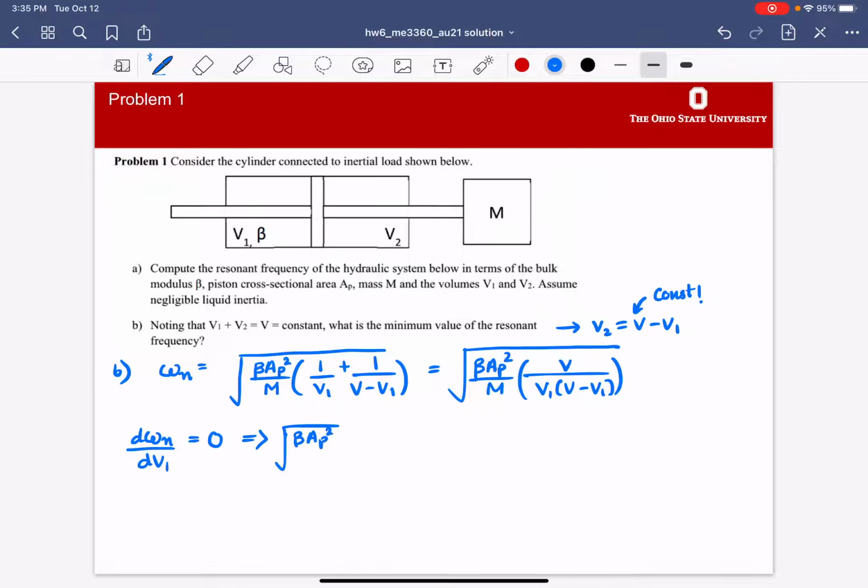If you have any issues or do not follow the steps taken at any point, or the chain rule seems confusing, you can let me know and I can help you out with that. And finally, the simplified expression looks something like that.